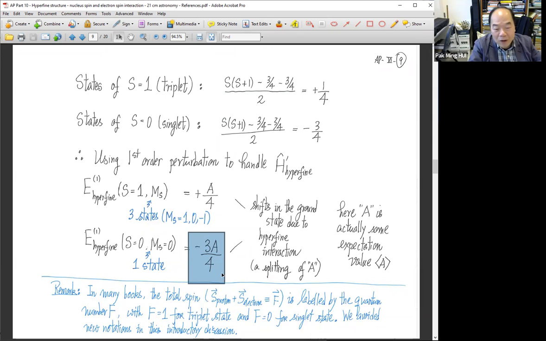So the hyperfine interaction term will split the hydrogen ground state into 2 closely spaced levels, that we expect to be 10 to the minus 7 to 10 to the minus 8 eV. Okay? Into 2 very closely spaced levels.